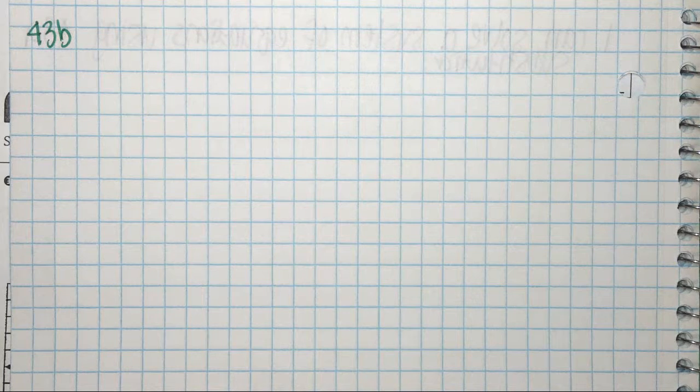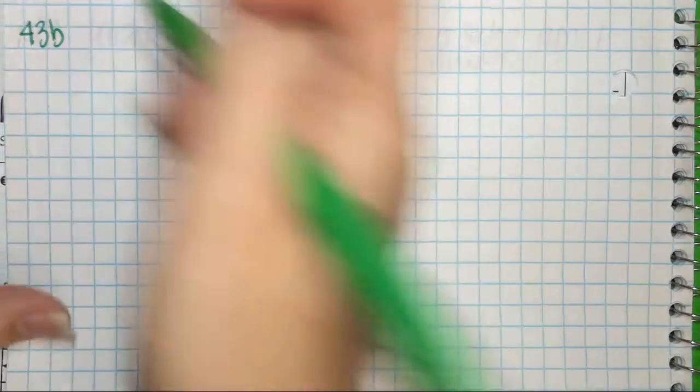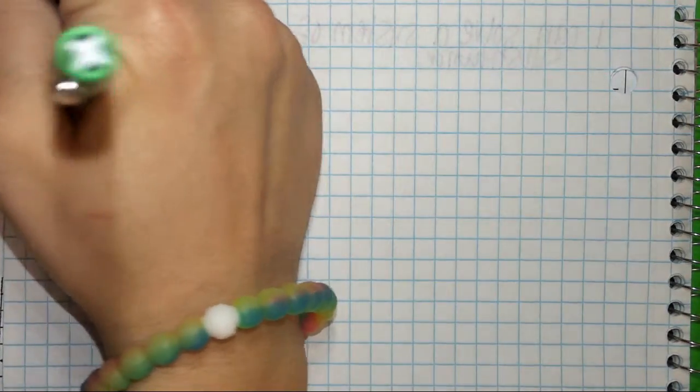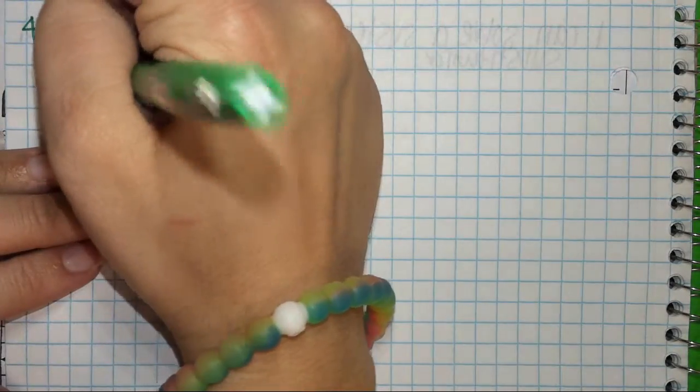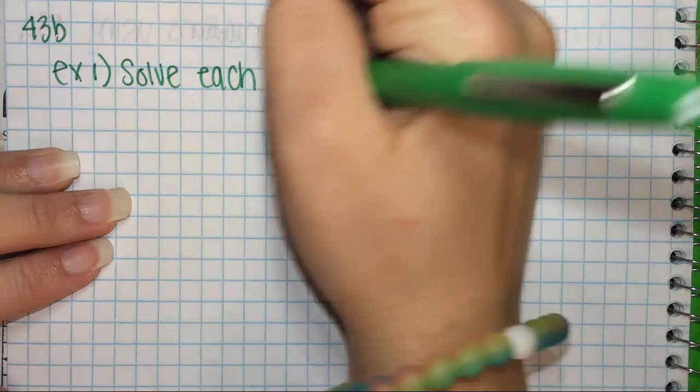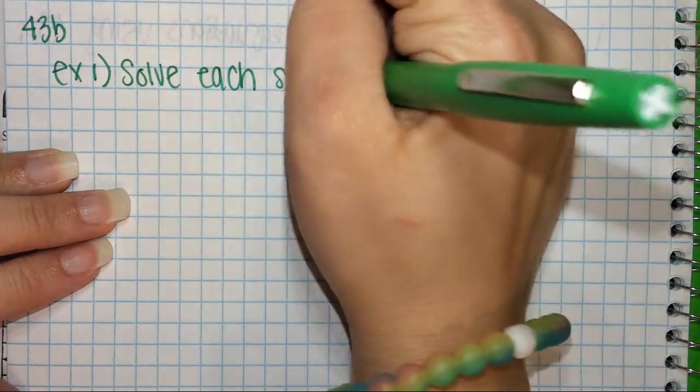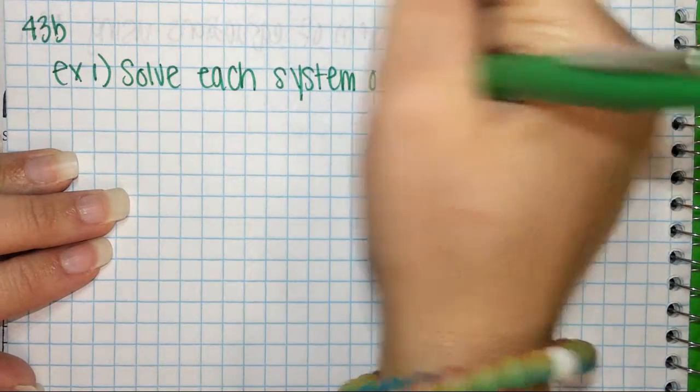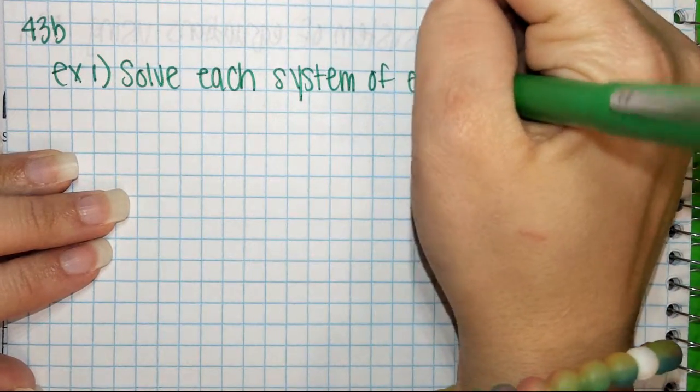Now, I'm not going to tell you how I want you to solve it, because the point of this is to be able to look at your system and figure out what method to use. Example 1. Solve each system of equations.